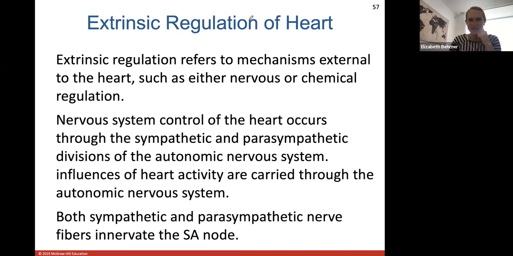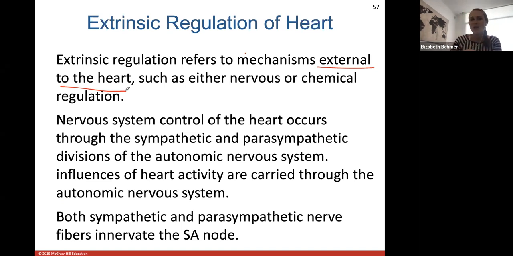And then the extrinsic regulation of the heart refers to any mechanisms external to the heart that help to regulate its function, such as nervous control, control from the brain, for example, or chemical regulation of the heart.